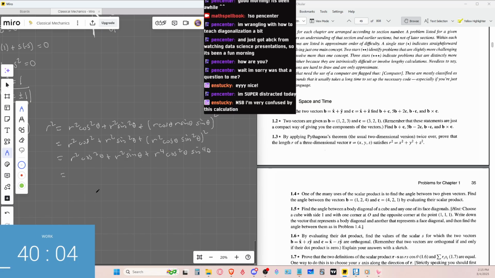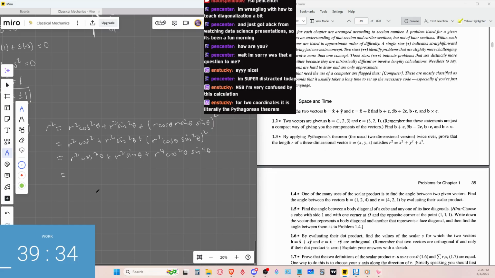Right now, for two dimensions it's easier, with X and Y, because you can put it into polar coordinates, turn it into R squared, factor out R squared, and then you get cosine squared plus sine squared, which is 1. But for three dimensions, I'm trying to figure out how to do that. For two dimensions it's the Pythagorean theorem, right?